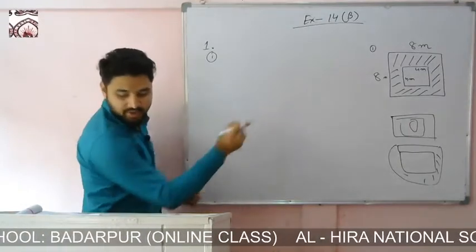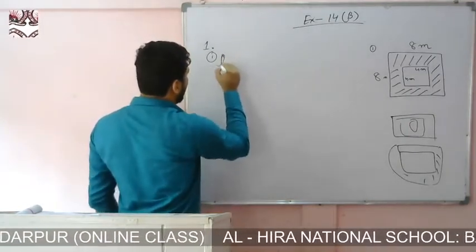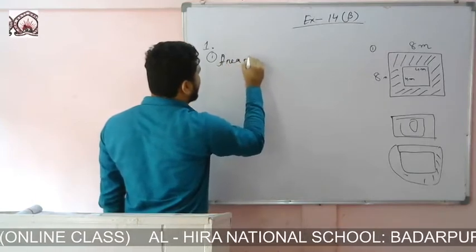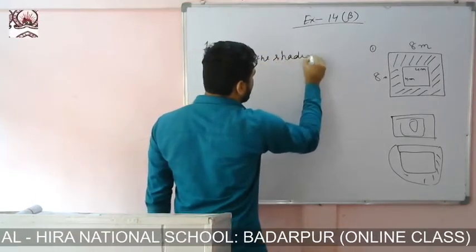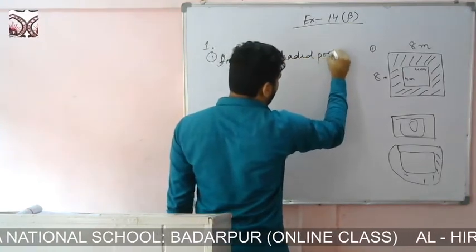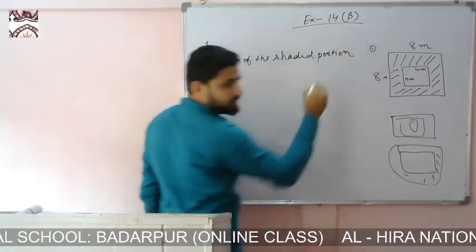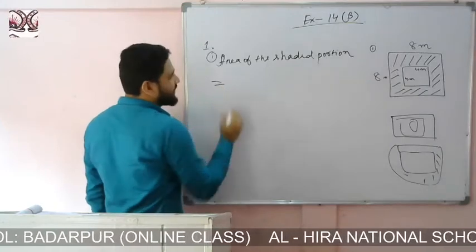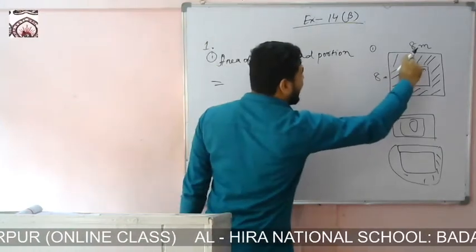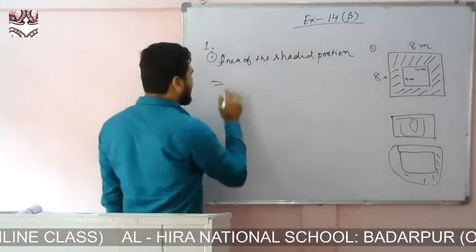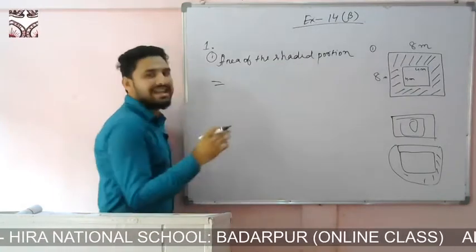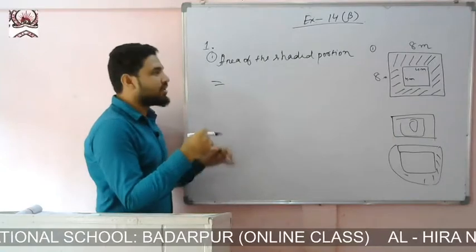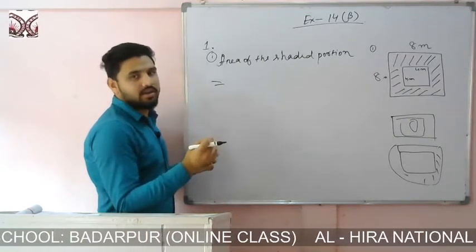Area of the shaded portion equals to what? Area of the big square. We know area of square is side square.